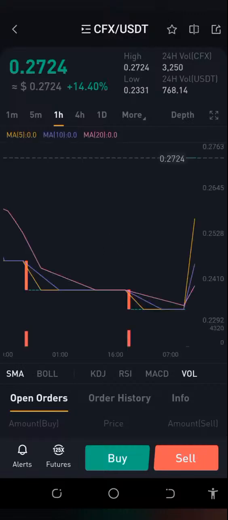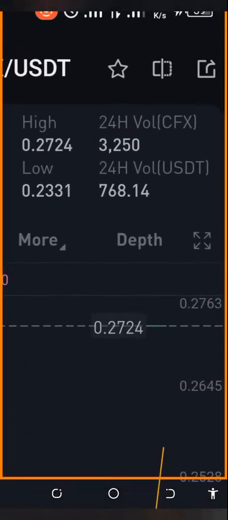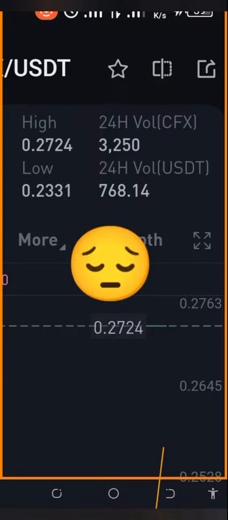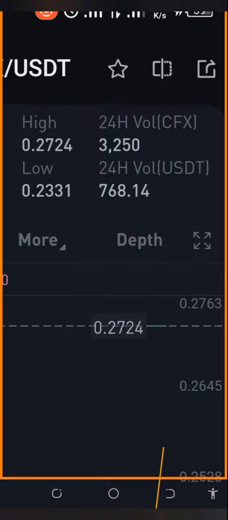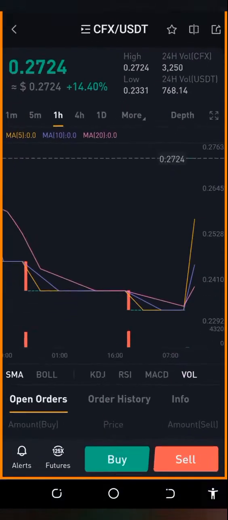I mean, can you just imagine that I was so excited about getting this in? Just look at this. The entire liquidity is 768 USDT. That is poor. That is poor. Wow. I didn't check this. I mean, oh my God.